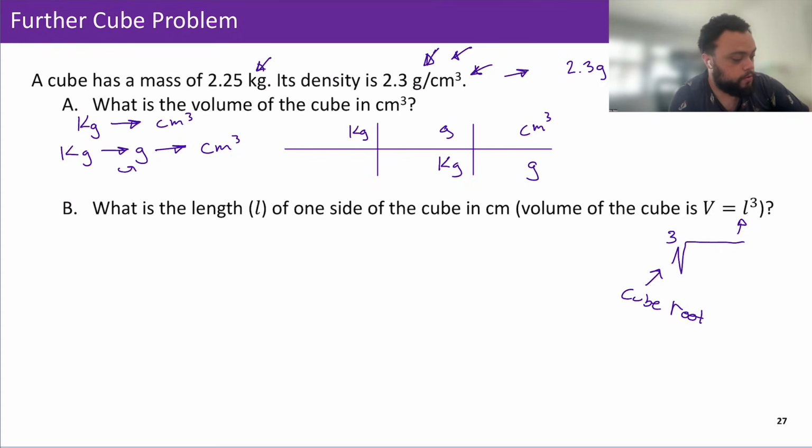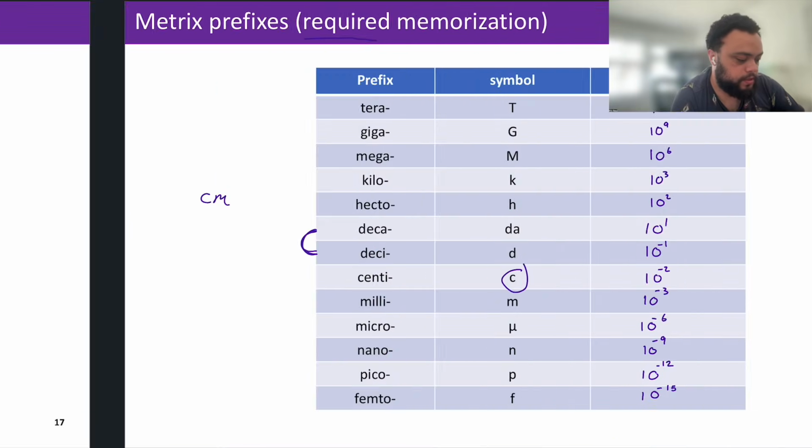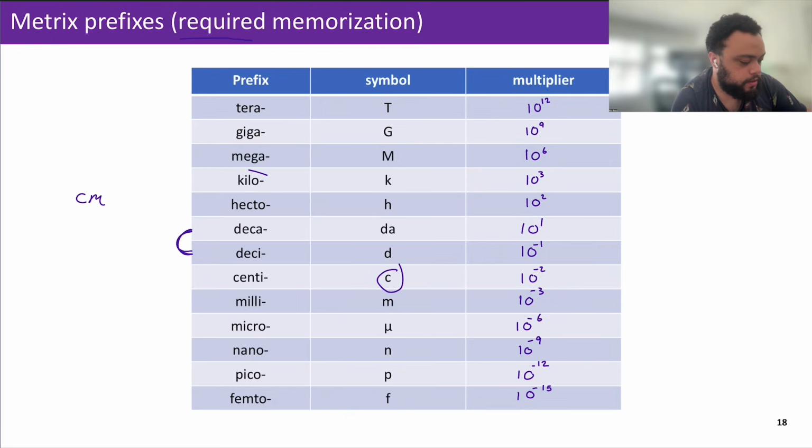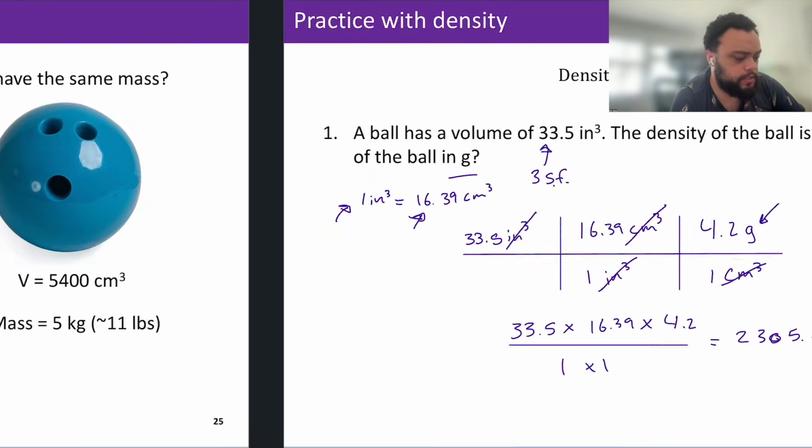So we'll start with what we have, 2.25 kilograms. Now, kilograms and grams, for every 1 kilogram, there are 1,000 grams. This comes from, where is it? This right here. Kilo gives you 10 to the third, which is equal to 1,000. And so we will use that.